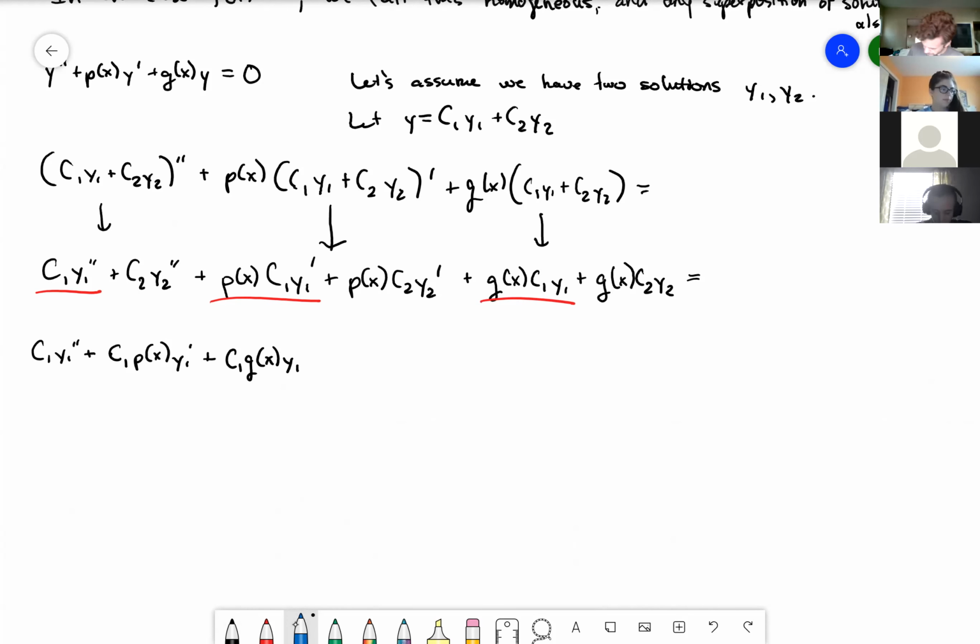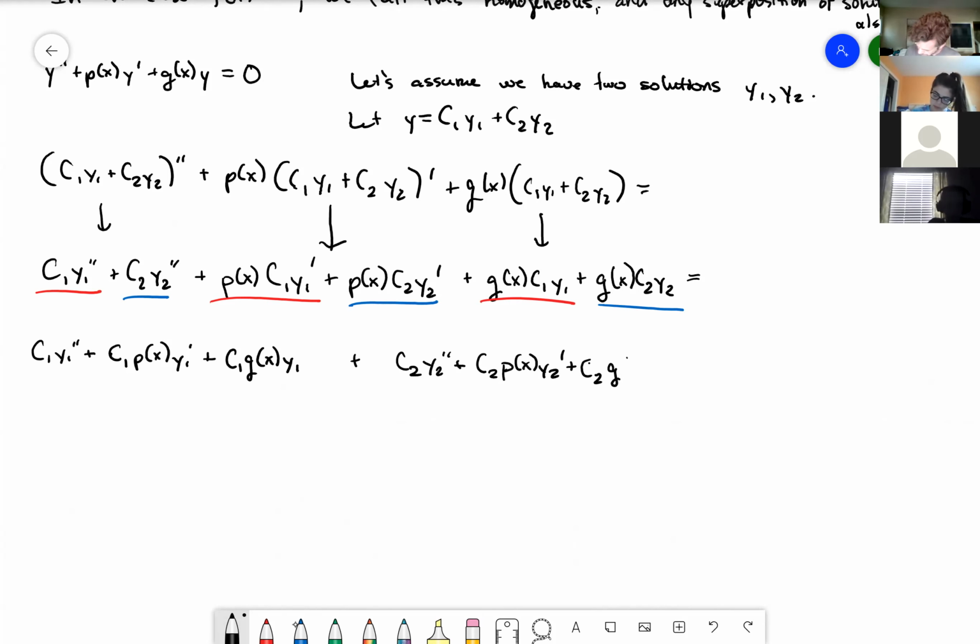Now I'll collect together all the y2s. So that's those three. What I get is c2 y2 double prime plus c2 p of x y2 prime plus q of x, I want to put the c2 out in front for uniformity, c2 q of x y2.